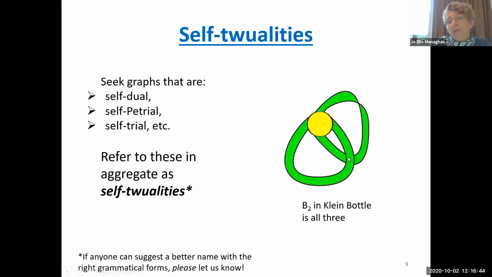This graph right here, this is 2 loops in a Klein bottle, and this graph is all 3. It's pretty quick to see that if you twist both edges, the graph that you get is isomorphic to this. So it's self-Petrie. It's a little more work to see that it's self-dual and self-trial, but this graph is all 3. It's a very nice symmetric graph.